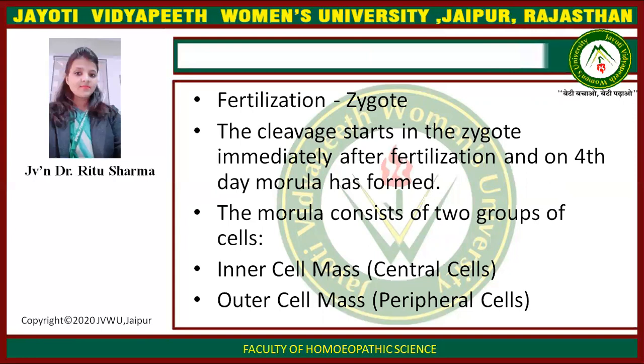The morula consists of two groups of cells. First is the inner cell mass, called central cells, and the outer cell mass, called peripheral cells. The inner cell mass forms the embryo and the outer cell mass forms the embryonic membrane.